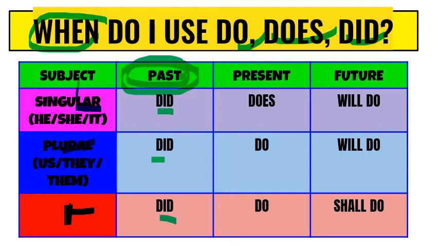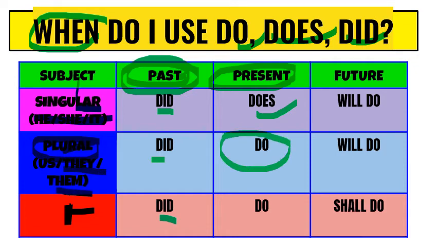When my sentence is in the present tense and I have a singular subject, he, she, or it, I'm always going to use does. But when my subject is plural, us, they, them, the team, then I'm going to use do. And in the future, will do or shall do.